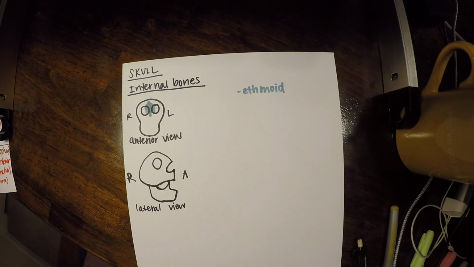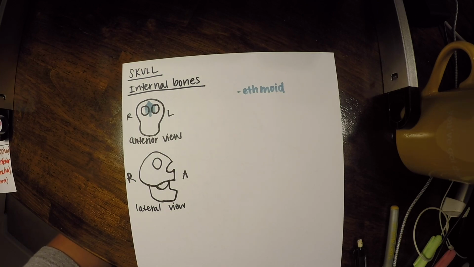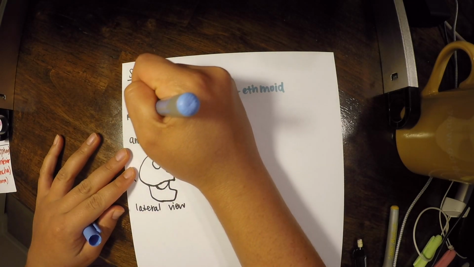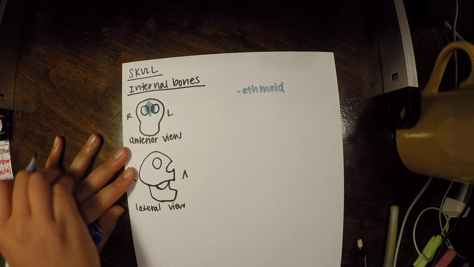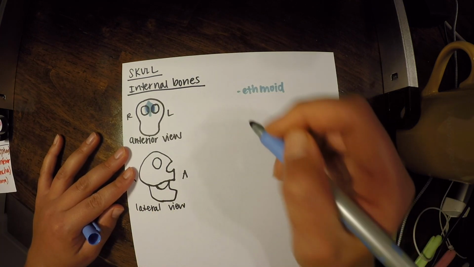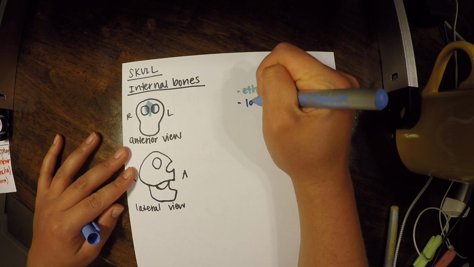And then a little bit more medially, we have the lacrimal, or tear. That's what it means. So it's right where the medial portion of your eyes are. That's where your lacrimal bone is.